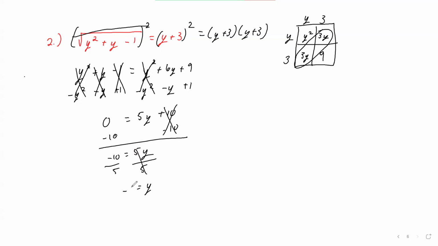Perfect. You're going to do a lot of work, but you still have to go check it. And that's going to be what gets a lot of students. So this becomes -2 squared plus -2 minus 1, and then you would have -2 plus 3.